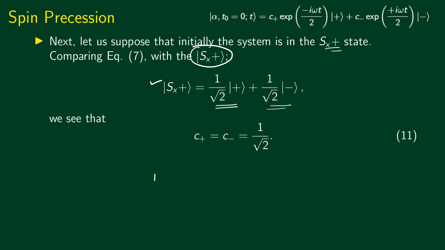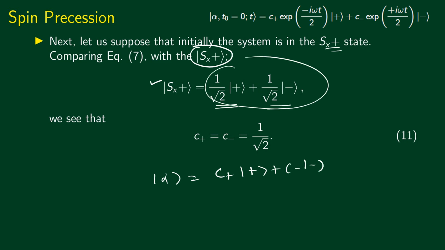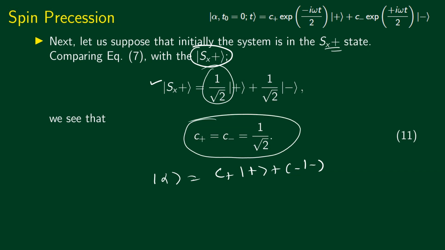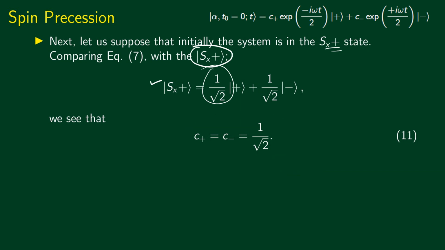Now compare this with the state ket alpha is equal to c plus ket plus c minus ket minus. We are talking about the case where c plus is 1 by root 2 and c minus is also 1 divided by root 2. So the state that we are considering now as the initial state corresponds to c plus equal to c minus equal to 1 divided by root 2. Now what happens to this state at a later time?